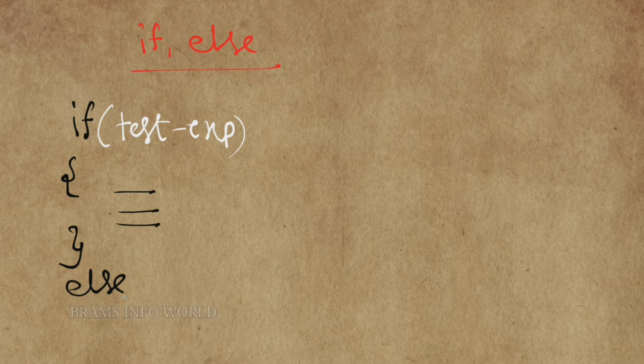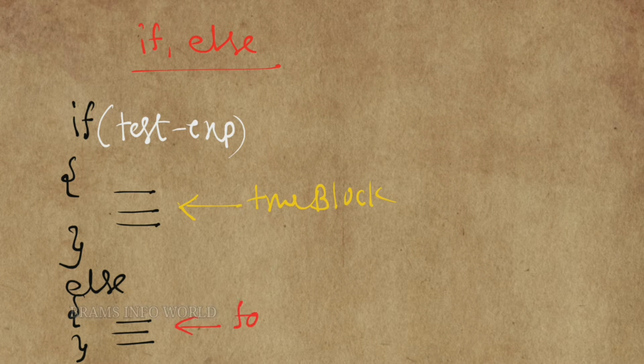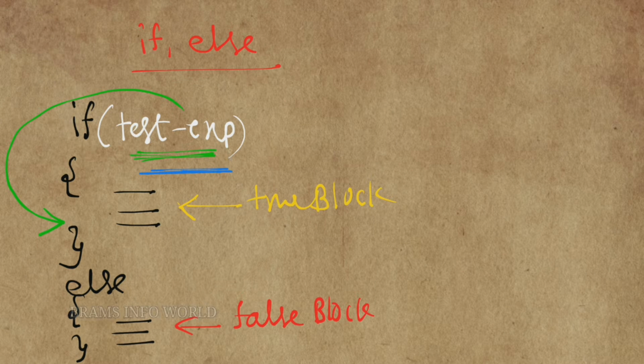Otherwise, else, the false block is executed. That means this one we can call the true block, and this one the false block. That is, if the given test expression is true, the true block is executed. If it is false, then the false block is executed.